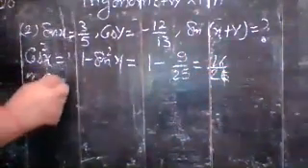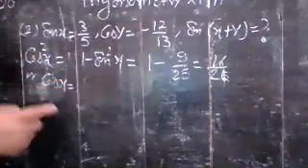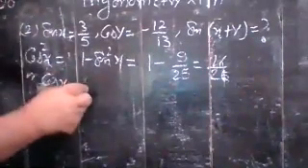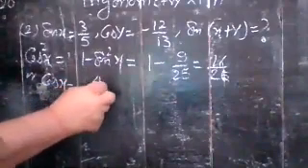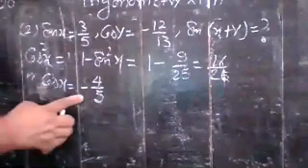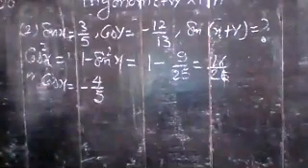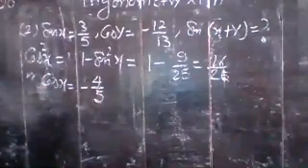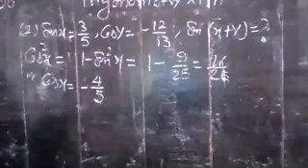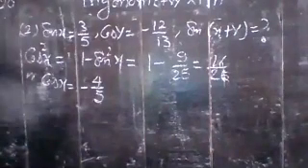The value of cos x is taken as negative, because in the second quadrant cos is negative. So the value of cos x is minus 4 upon 5. So you have to take the values of trigonometric functions as per the quadrant where the angle lies.